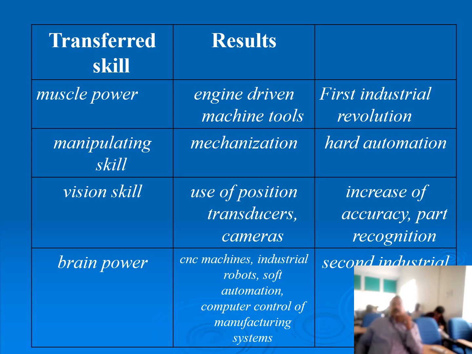That is the first industrial revolution we have witnessed. Manipulating skill is the transfer skill number 2, and it is nothing but mechanization, which is hard automation.